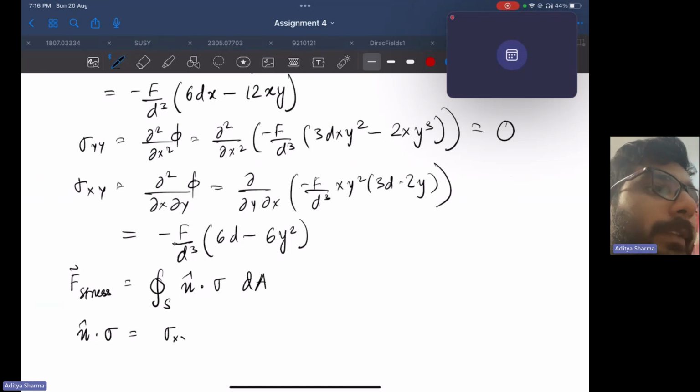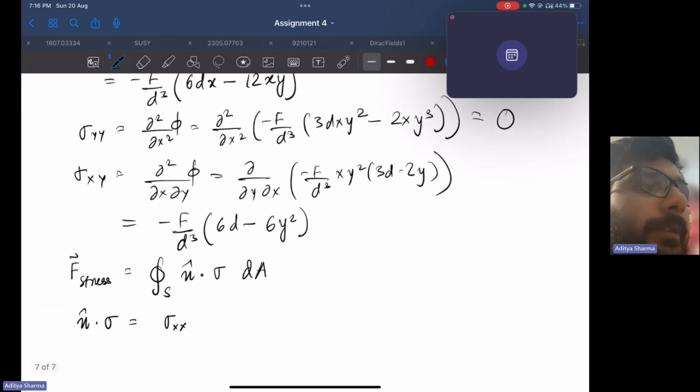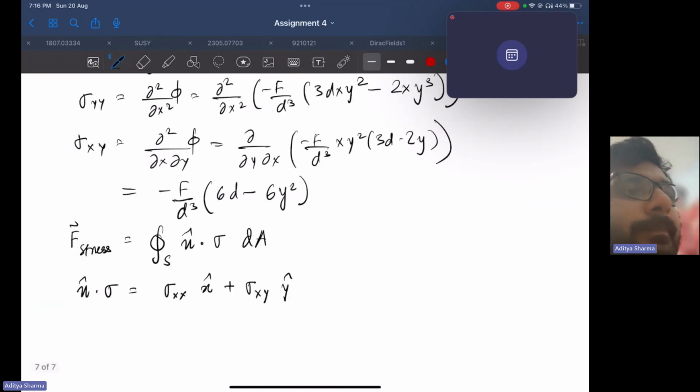We have sigma xx, which is non-zero, and sigma xy, which is non-zero. Sigma xx x cap, sigma xy y cap. This would have been the force in the x direction actually if we do the integral, but leave it, it doesn't matter.